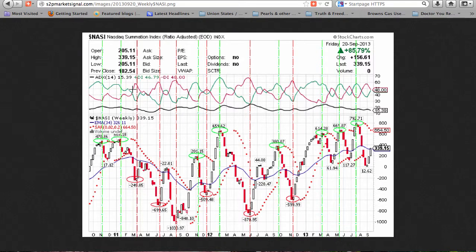The well-known market breadth indicator, the Nasdaq McClellan Summation Index, rose 157 points for the 7th rise in 17 weeks.